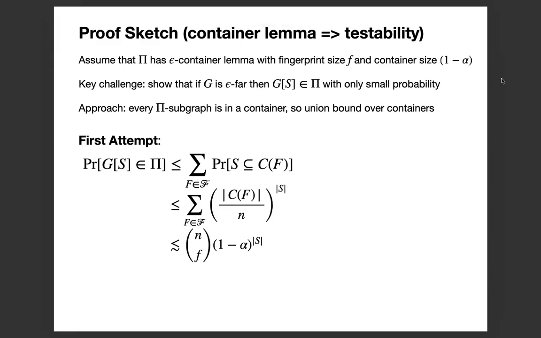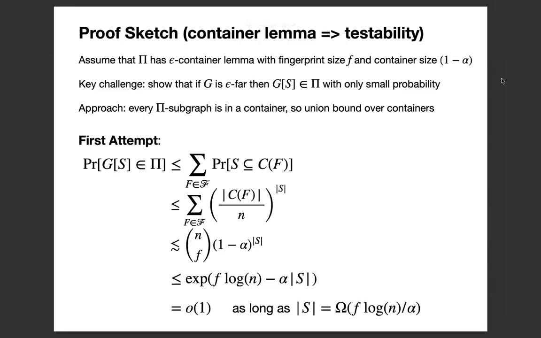Then we do two things. We know that the fingerprints are small, so there are at most n choose f of them. And we know the container size is at most 1 minus alpha times n. That's our assumption. So we get this expression, and you plug through here. What you would find is that this is very small, as long as S is at least on the order of f over alpha multiplied by log n. So this is what we want, except we don't want the log n. Log n is kind of annoying.